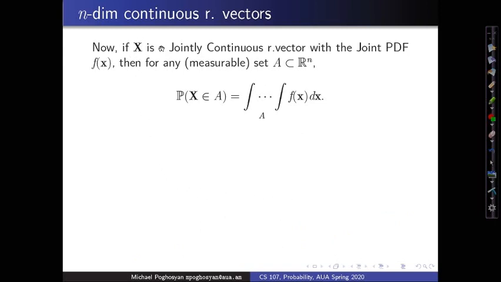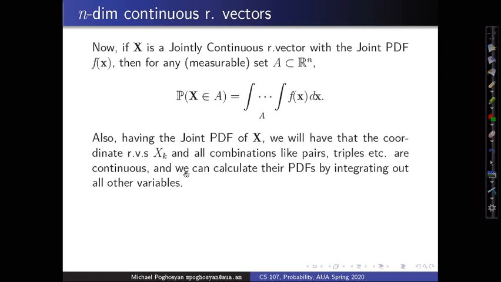Now, if x is a jointly continuous random vector with joint PDF f of x, then for any set A in Rn, we can calculate this probability. The probability that the n-dimensional vector x will be in the n-dimensional set A is the n-dimensional integral over A of f of x dx. And having the joint PDF of x, we can calculate marginal PDFs.